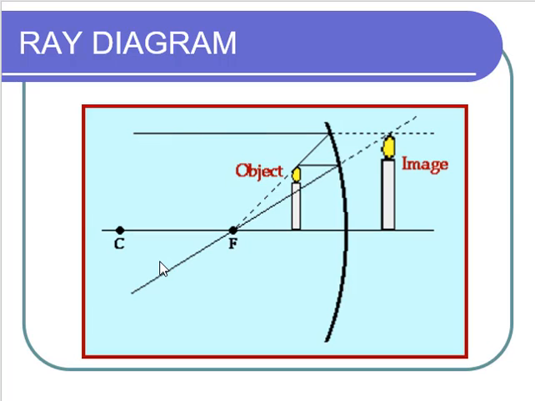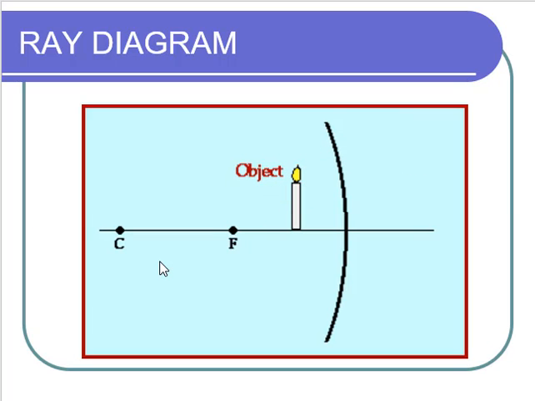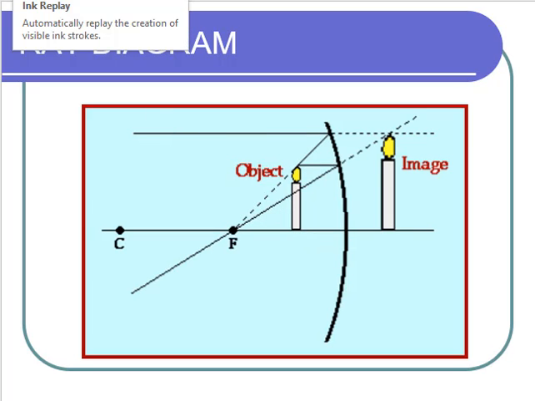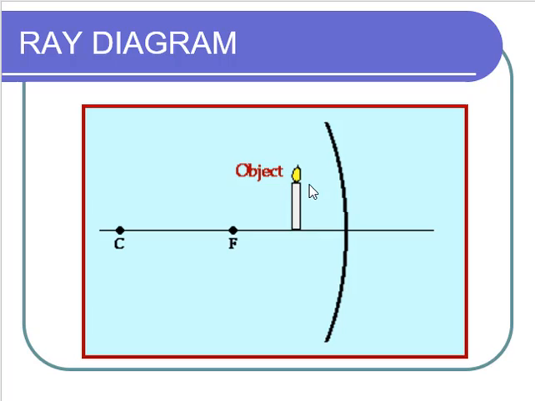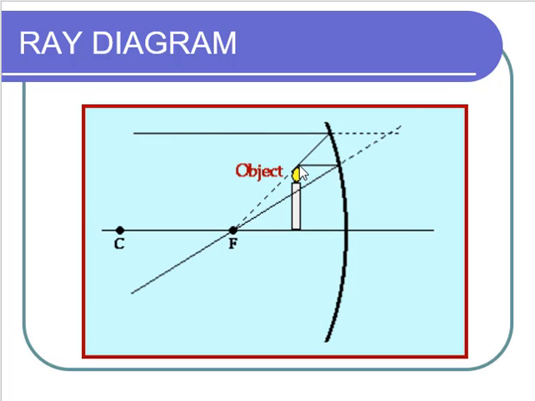Okay, what if this time the image is actually in between the vertex and the focal point? So how was it drawn? So looking at this, we have again ray 1, still parallel.